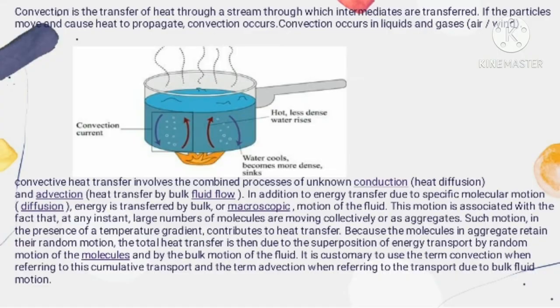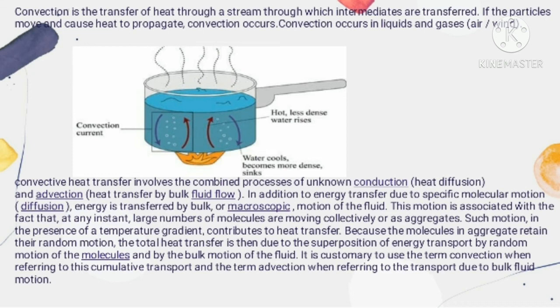Number two, convection. Convection is the transfer of heat through a stream in which the intermediate is transferred. If the particles move and cause heat to propagate, convection occurs. Convection occurs in liquids and gases, such as air or wine.